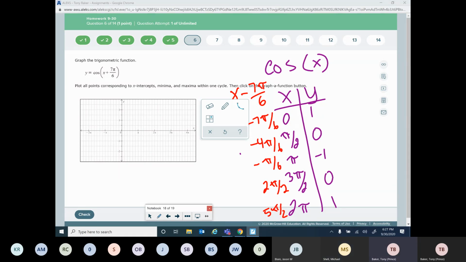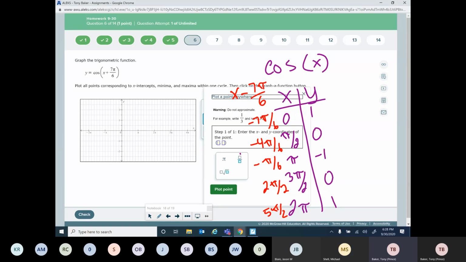So in the other one, when we had something inside, it was stretching or expanding it. If I'm adding something on the outside, it's moving it up or down. When I'm adding something on the inside, it's shifting it left or right. So since this is plus, you're shifting it to the left.